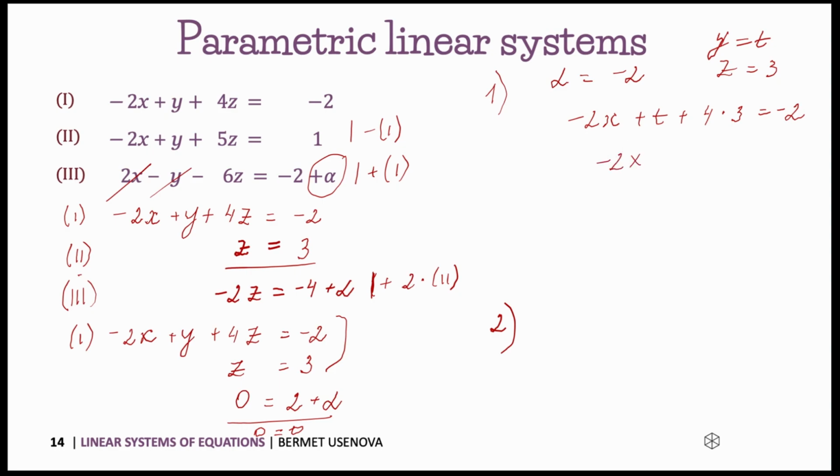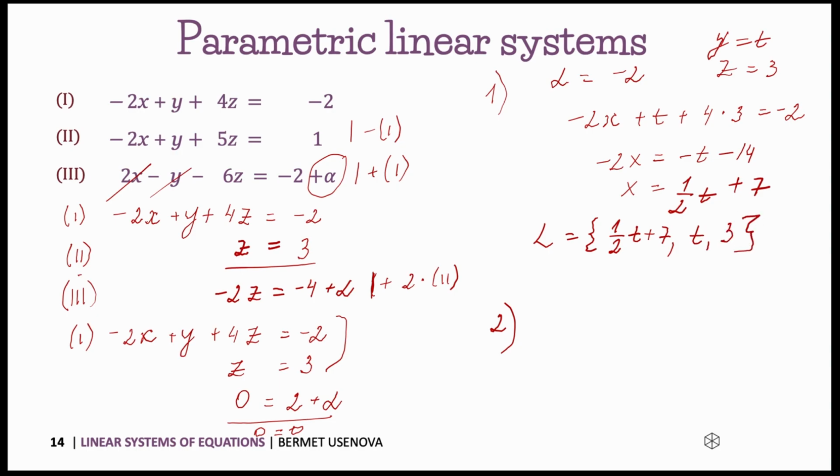We move t to the other side, then we will have 12 here. 12 on the other side will give us minus 12 minus 2 will be minus 14. And then if we divide everything by minus 2, we will get half t plus 7. And for that, our solution set will include half t plus 7, t, and 3.